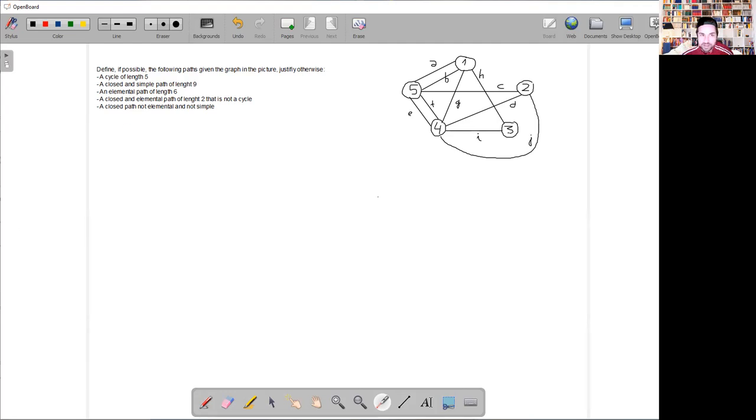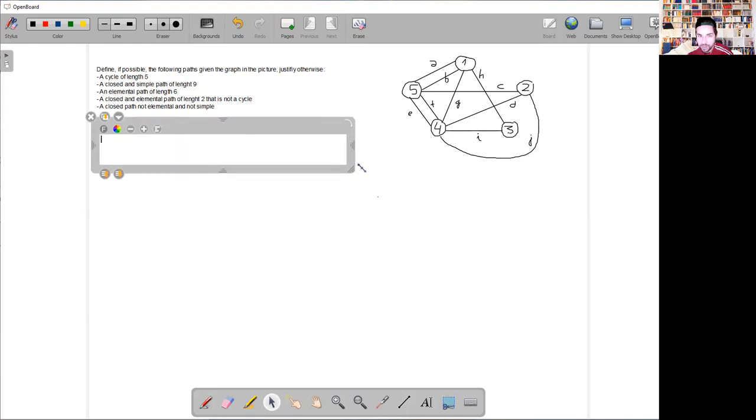Okay, so the first step before doing this exercise is to review all the theory about paths. So we are going to define what is a cycle, an elemental path, and a simple path.